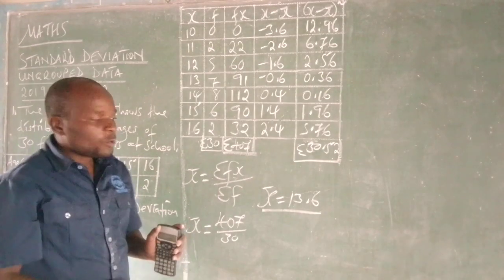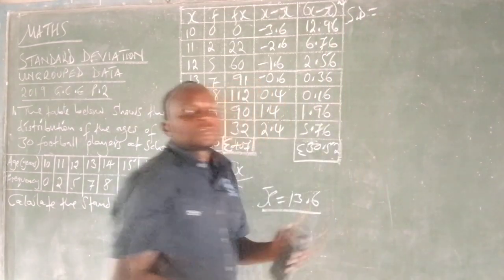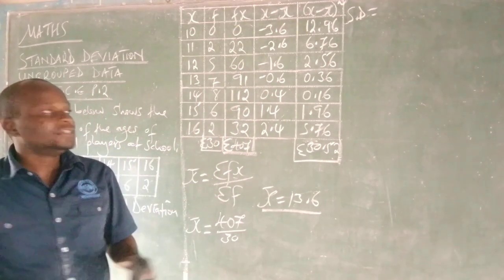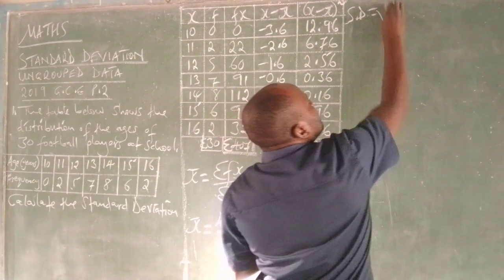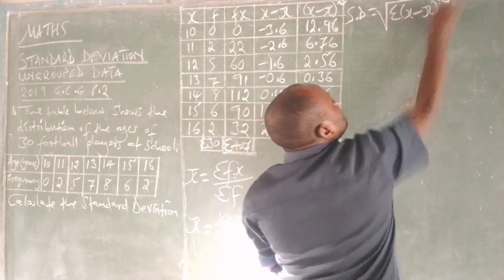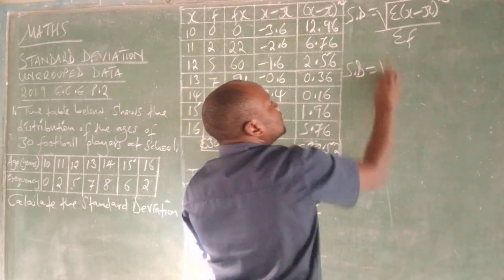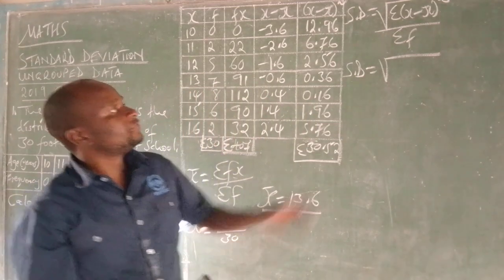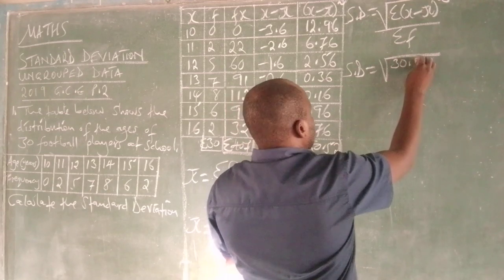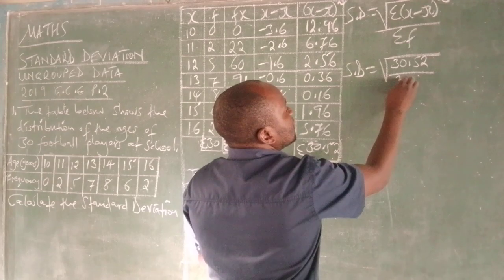Then when that is done, we go to what we call the standard deviation. Because we are using this kind of method, the standard deviation formula here will be the square root of summation of x minus the mean squared divided by summation of f. So standard deviation will be equal to the square root of the summation, which is 30.52, divided by summation of f, which is 30.